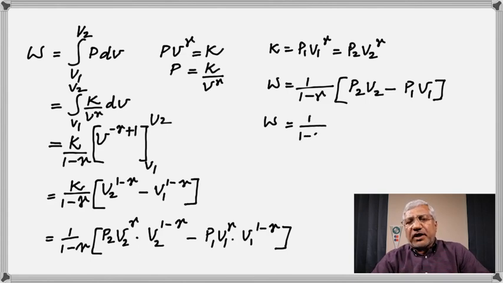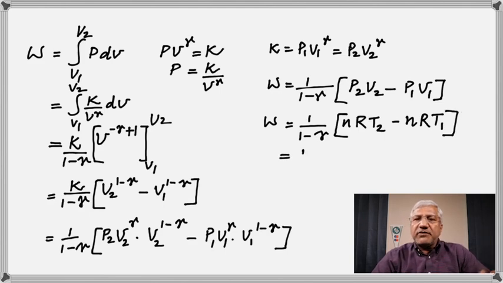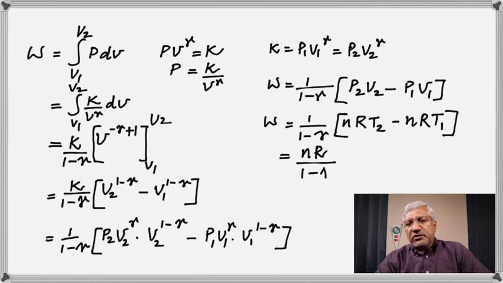We can get other formats of this by knowing that P2V2 is nRT2, from the ideal gas equation, and P1V1 is nRT1. And you can pull out the nR, and then you will have it in this way.